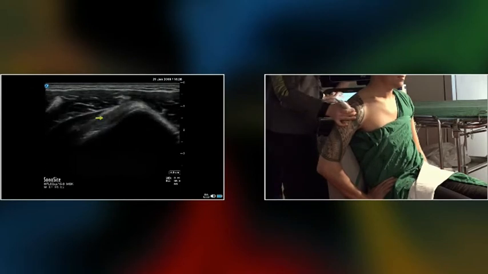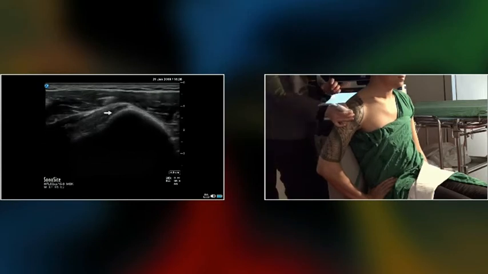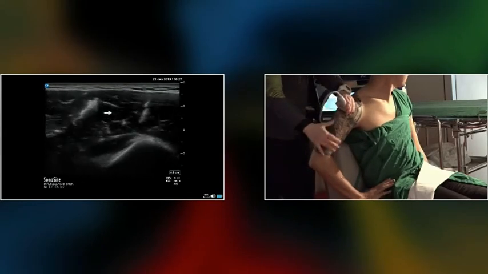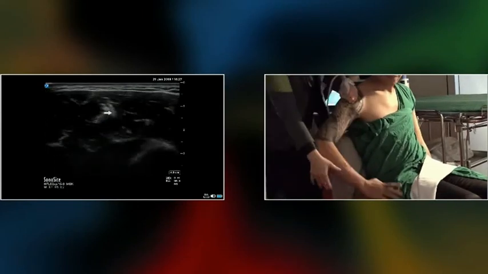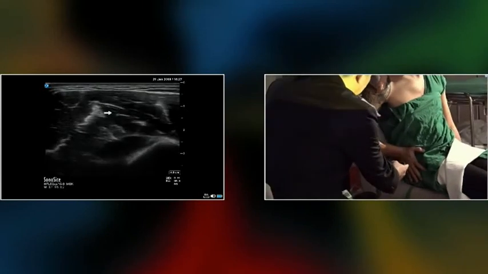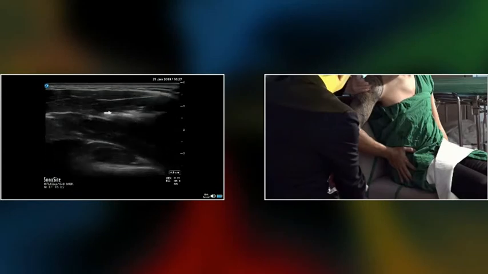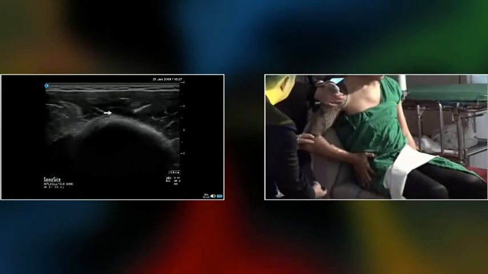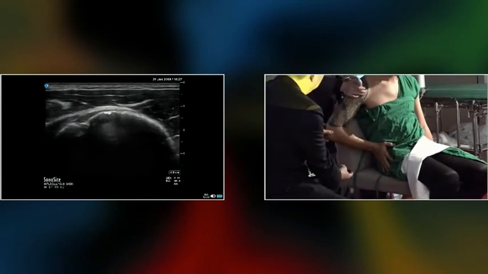And then when you detect anything, you ask him to move, forward, forward. No, cast side, and then here, forward first, yes, okay. As he moves forward, you are able to see the attachment of it to the bone.